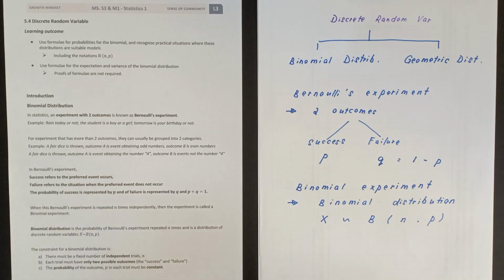If I throw the die 6 times, my n will be 6. When the Bernoulli's experiment is repeated n times independently, that's why the experiment is called a binomial experiment.